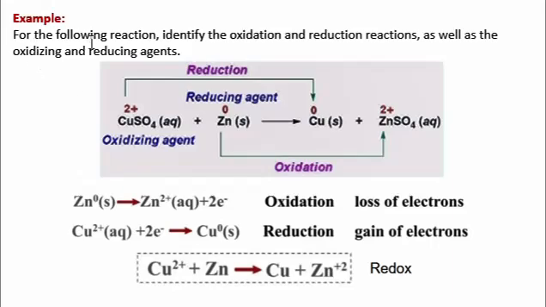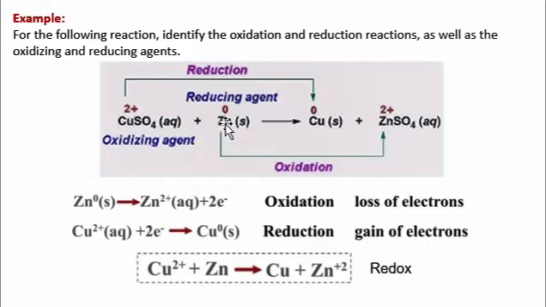So for the following reaction, identify the oxidation and reduction reactions, as well as the oxidizing and reducing agents. We will start with the oxidation reaction. Okay, so oxidation means loss of electrons.